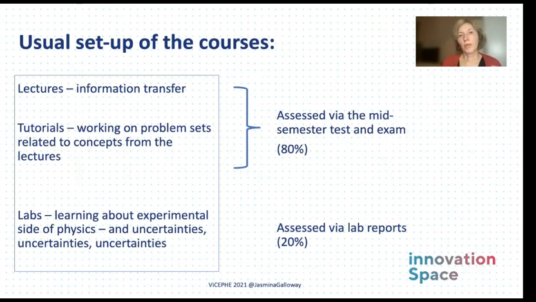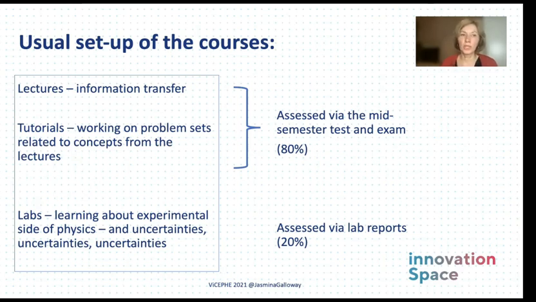So typically we would have lectures in which there's information transfer, then tutorials in which we give problem sets to students to work on together with the support of TAs, and then also labs in which we try to teach students about the experimental side of physics, or what our students tend to say, just uncertainties.